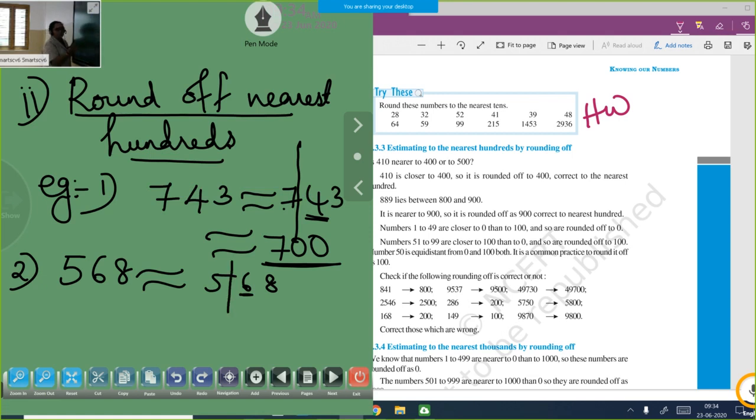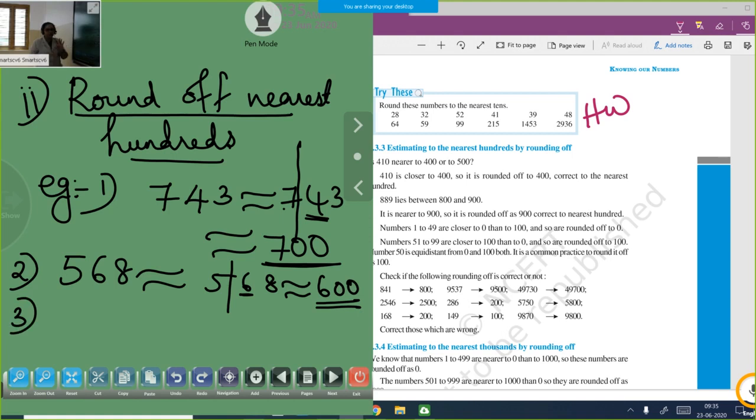The tens place is 6, bigger, greater than 5. So what the teacher said: the hundreds place is changing to 6, then put the 2 zeros. After the slash, these 2 digits become 0. Tens and ones places become 0. Only the change comes in the hundreds place.